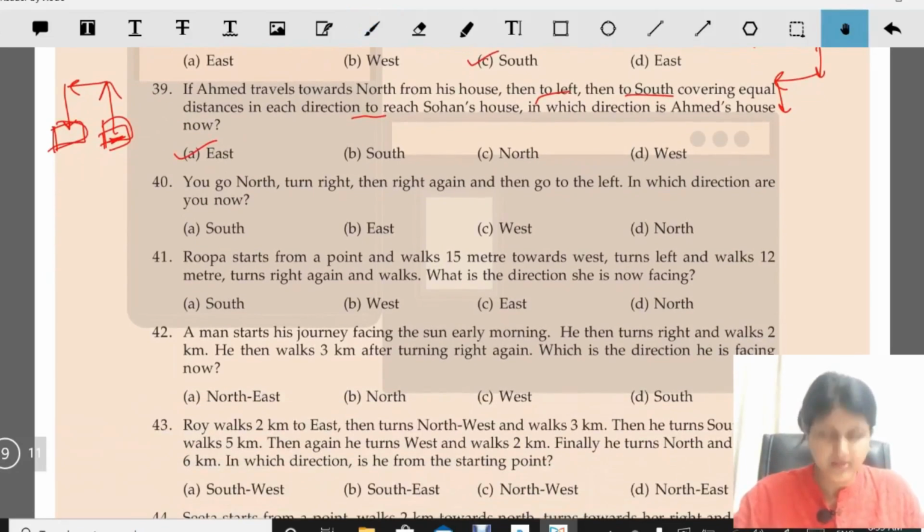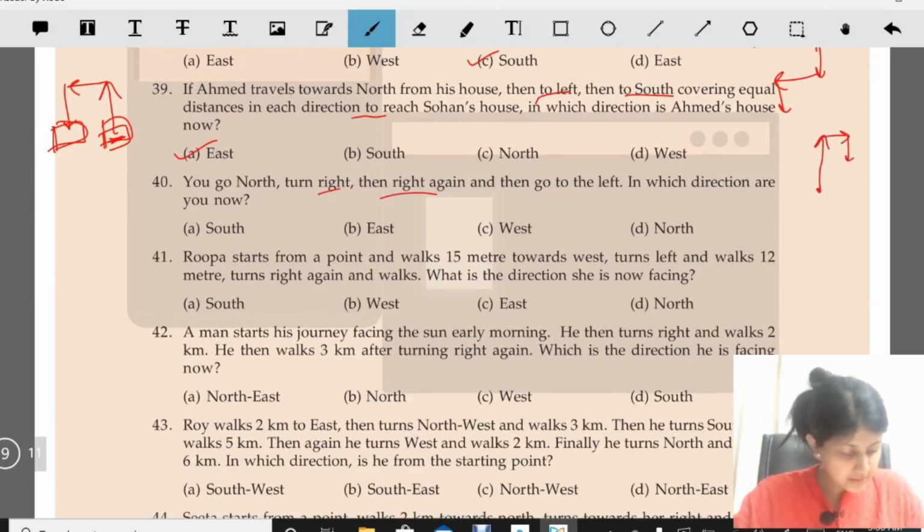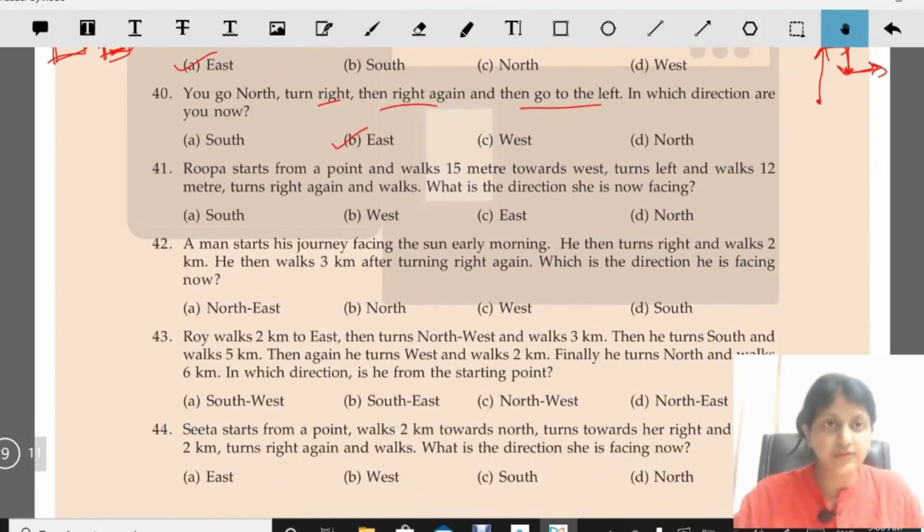Question number 40. You go north, turn right, then right again, and then go to the left. In which direction are you now? So you are in the east direction now. Question 41.